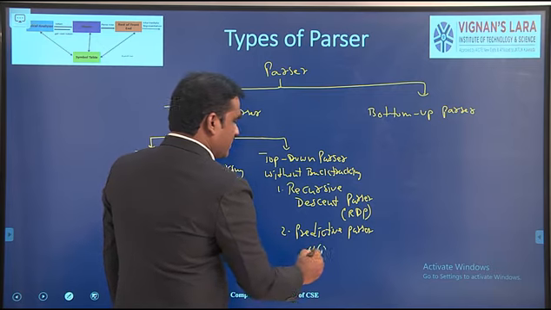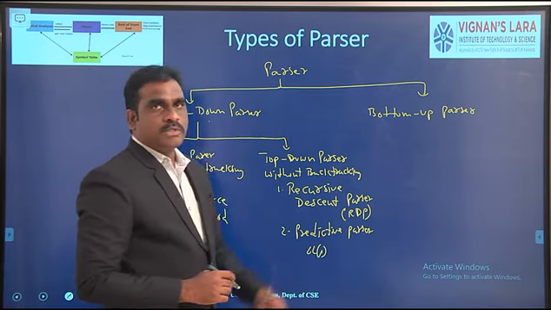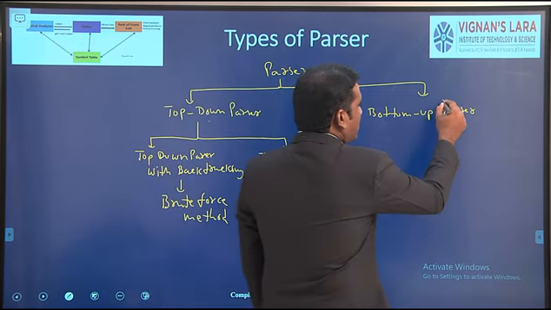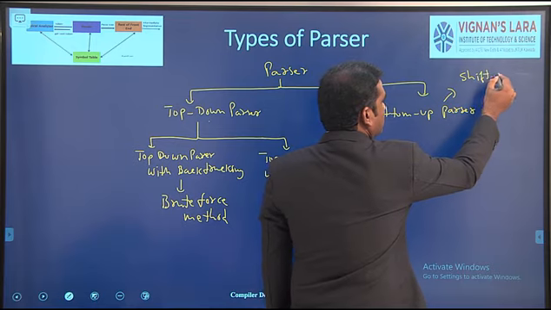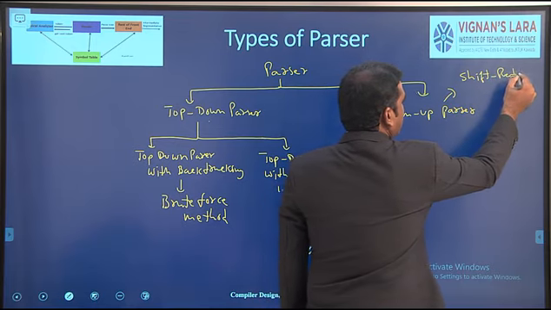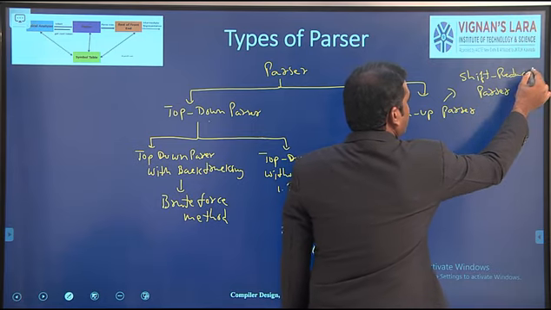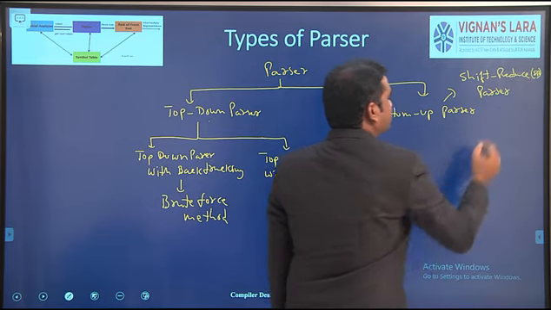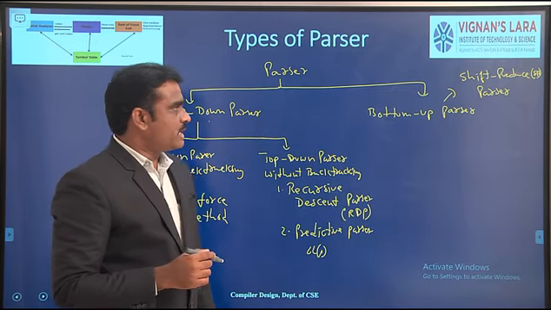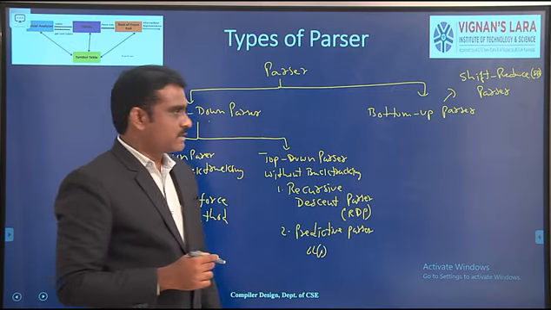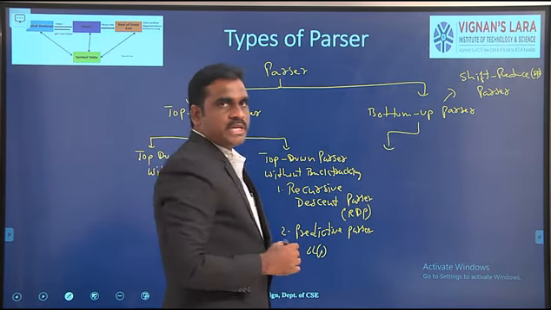And one is LL1 parser. And coming to the bottom-up parser, we can also call it a shift reduce parser, or simply SR parser. Again, this is divided into two types.